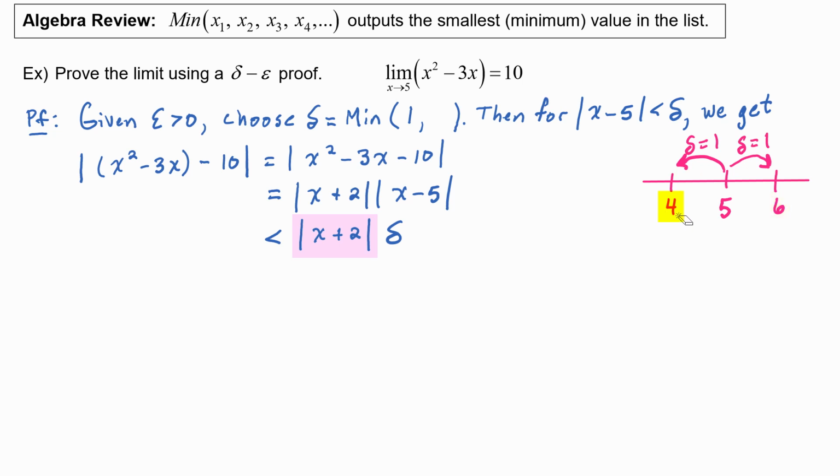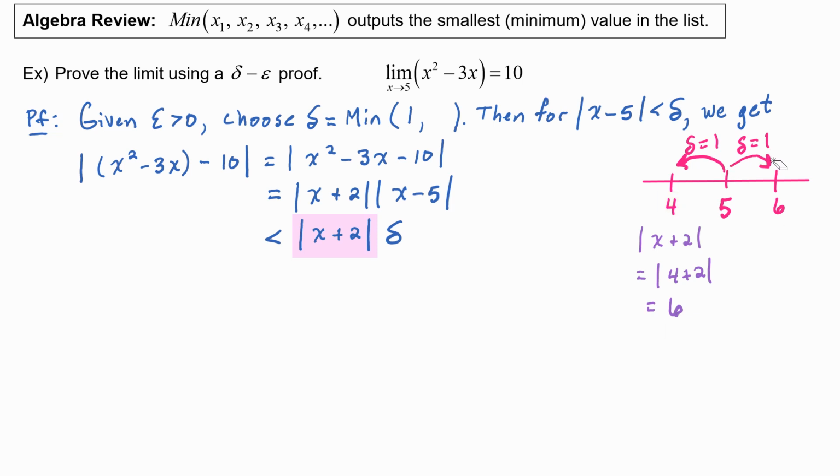Now, if x were to get as small as 4, then the absolute value of x plus 2 becomes the absolute value of 4 plus 2, which of course is the absolute value of 6, which is 6.